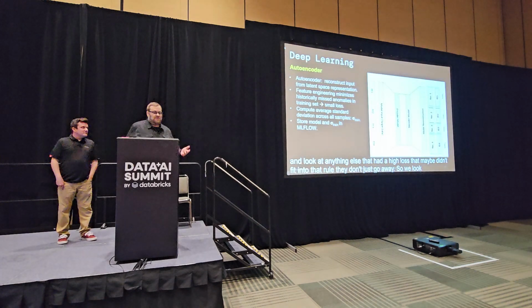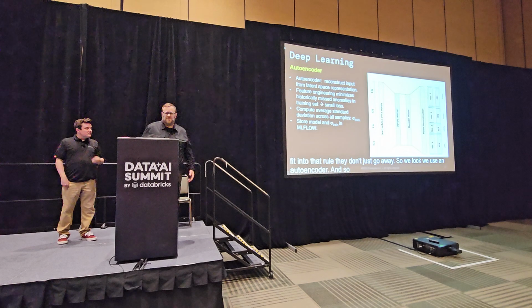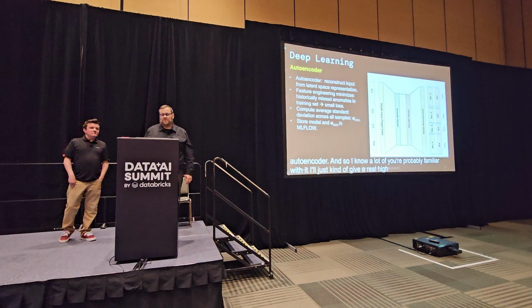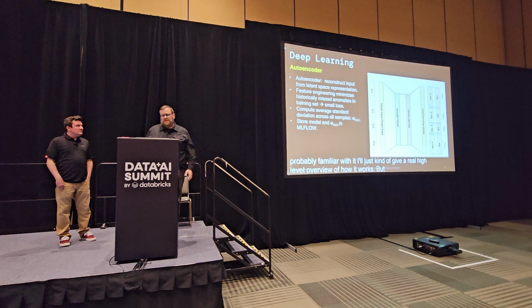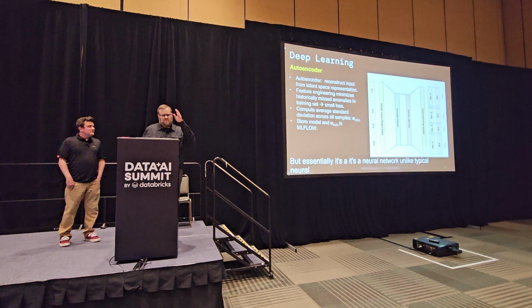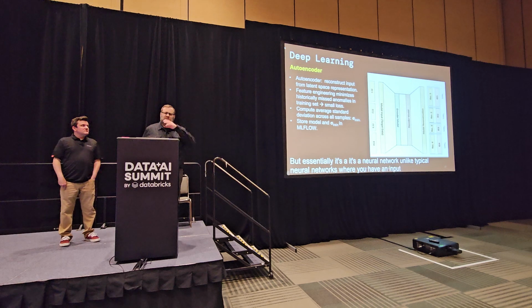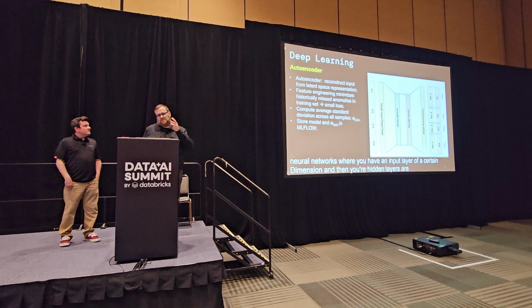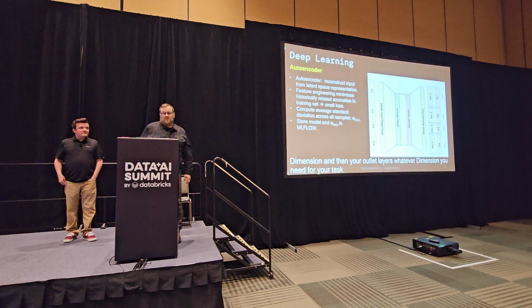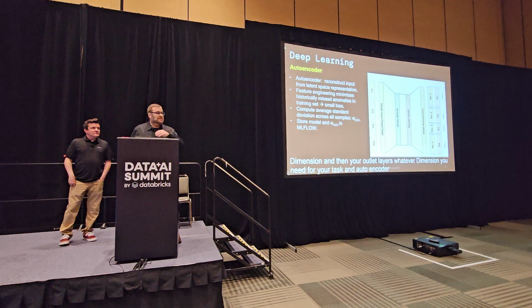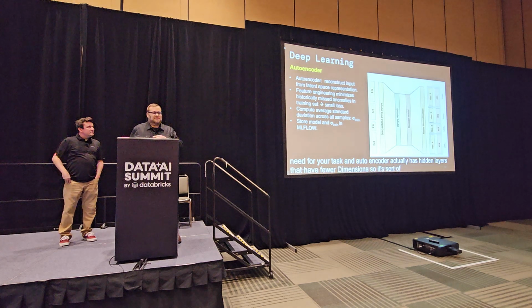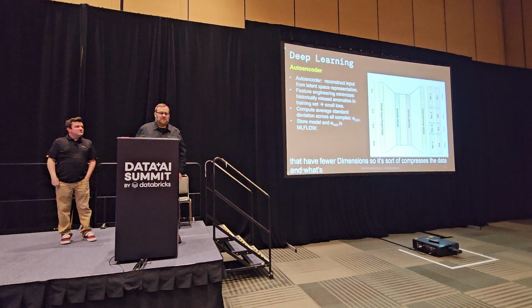So we use an autoencoder. I know a lot of you are probably familiar with it, so I'll just give a real high-level overview of how it works. Essentially, it's a neural network. Unlike typical neural networks where you have an input layer of a certain dimension and your hidden layers are of a higher dimension, and then your output layer is whatever dimension you need for your task, an autoencoder actually has hidden layers that have fewer dimensions, so it sort of compresses the data in what's called an encoder model.